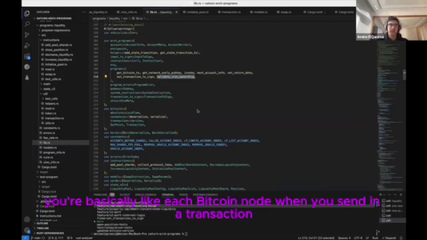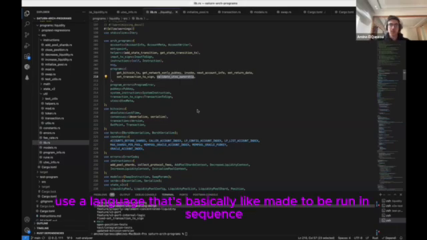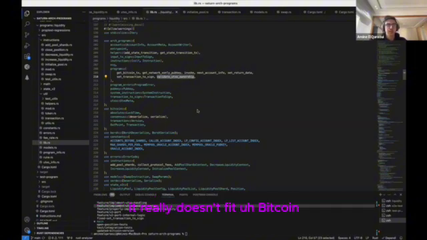Each Bitcoin node processes transactions in parallel since UTXOs are independent of each other. If you use a language that's made to be run in sequence, it really doesn't fit Bitcoin. So what we try to do is have as native an experience with Bitcoin as possible.